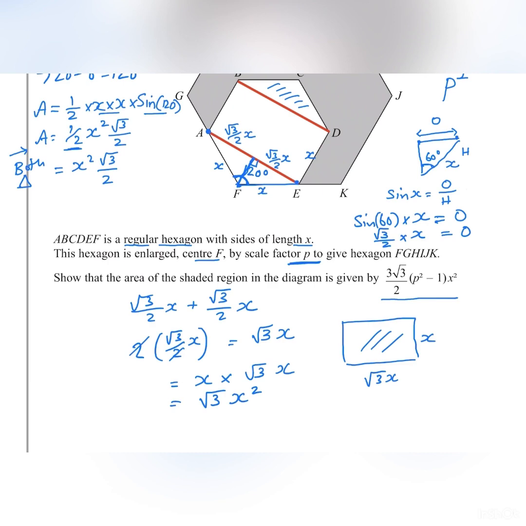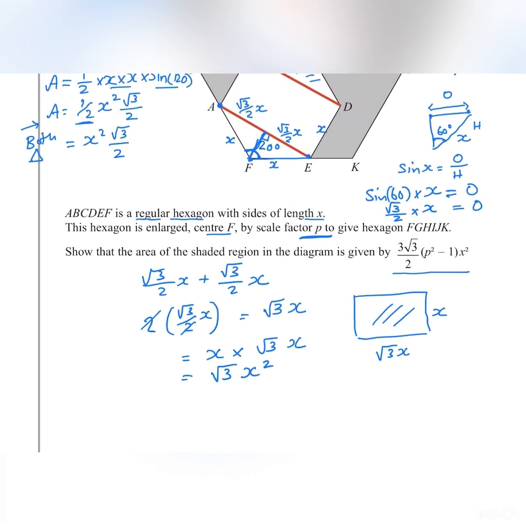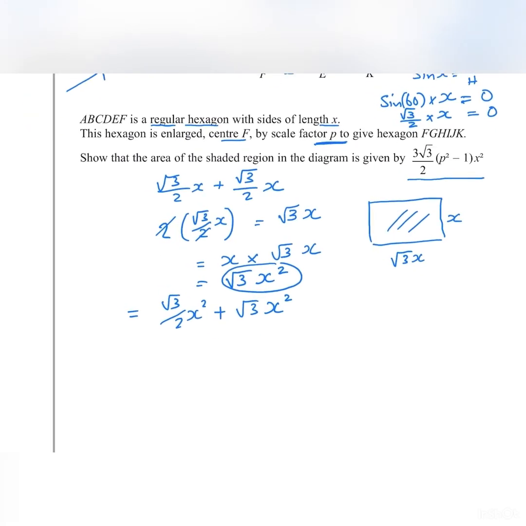If we now put together the area of the two triangles, which was over here, and the area of the rectangle, and add them together, the total area of the hexagon would be root 3 over 2 x squared plus root 3 x squared, added together.